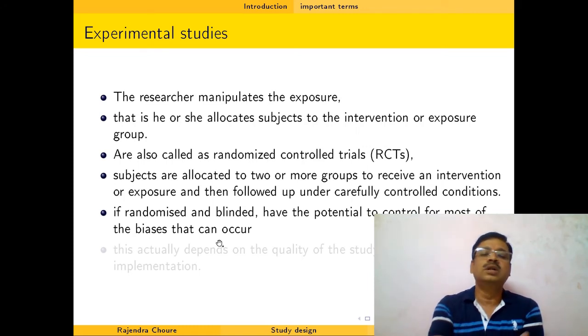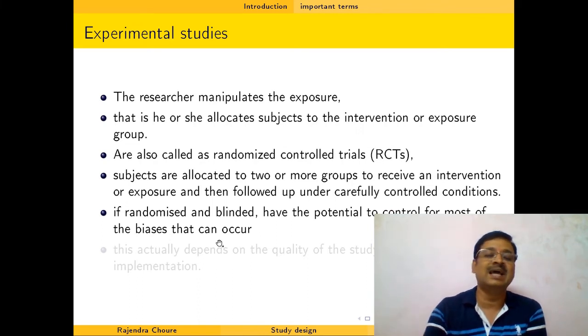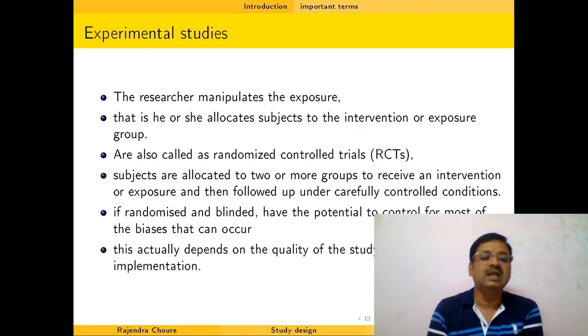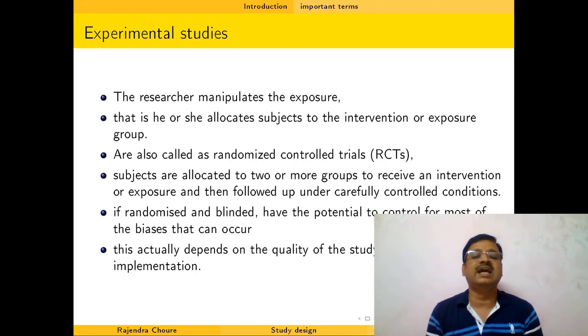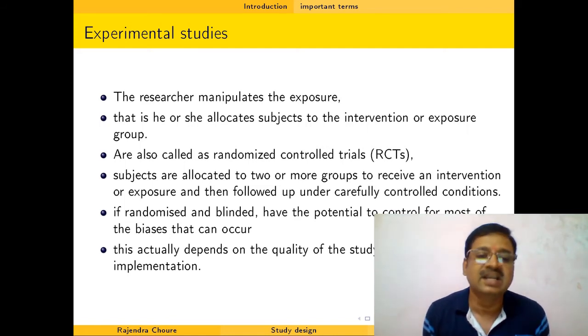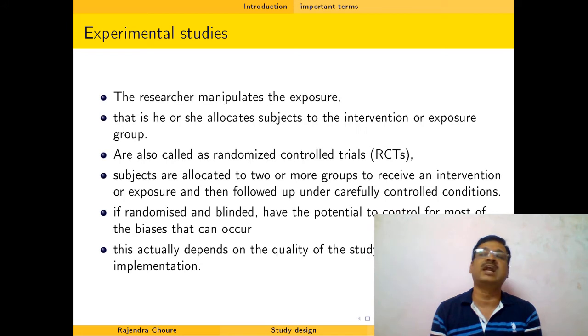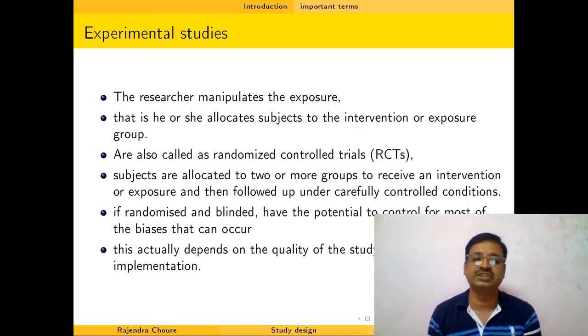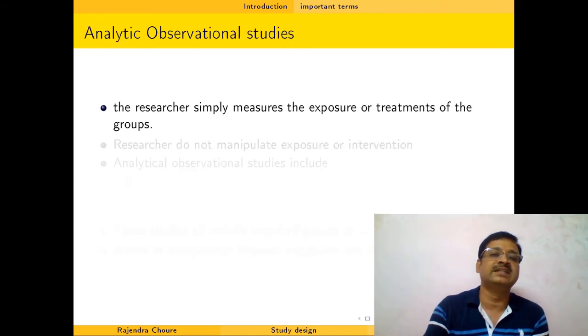We have to remove those biases. We have to take care of those biases to make our results as reliable as possible. The study design controls this, and this actually depends on the quality of the study design and its implementation. Therefore, randomization and blinding are very essential in experimental designs.